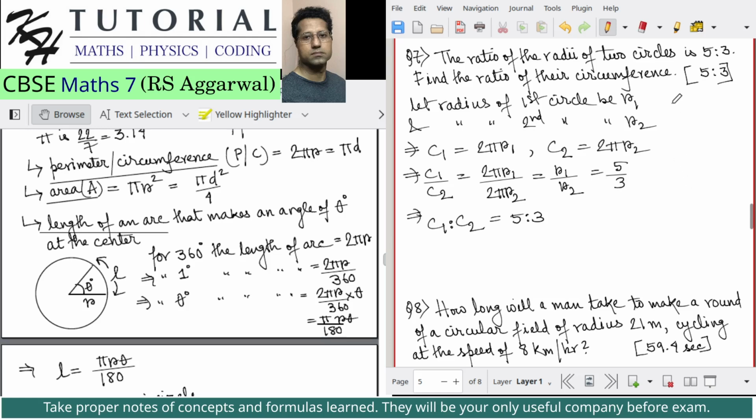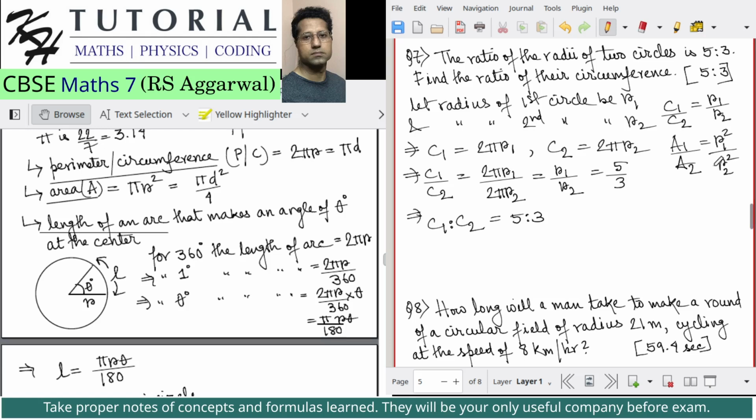That is, if you consider C1 as the circumference of the first circle and C2 as the circumference of the second circle, C1 by C2 will always be equal to r1 by r2. That is, the ratio of circumference of two circles is equal to the ratio of the radius of the two circles, and the ratio of area of two circles is equal to the ratio of squares of the radius of the two circles.